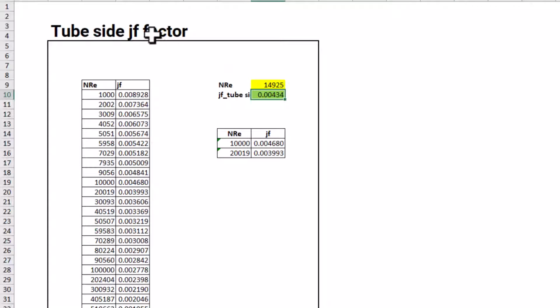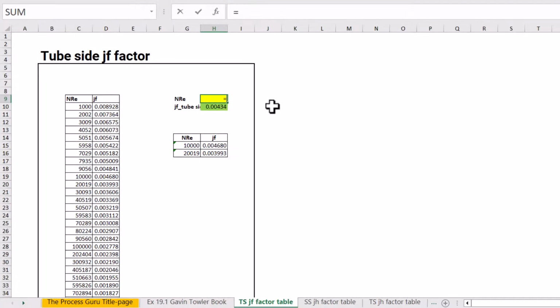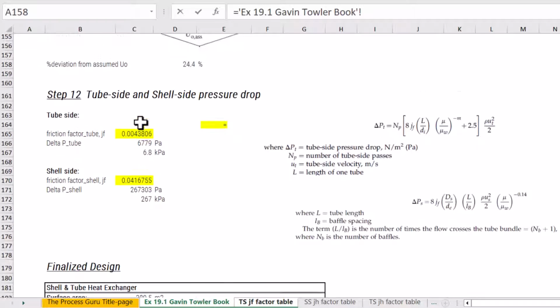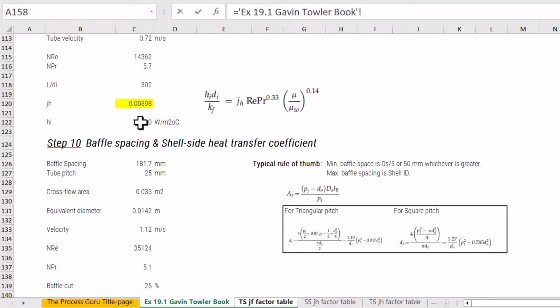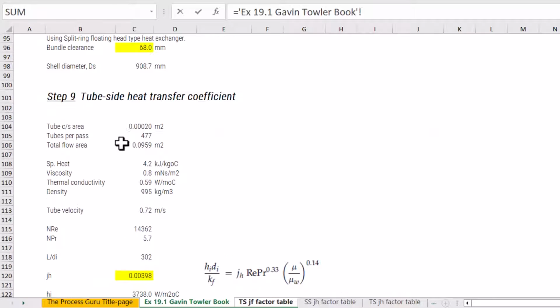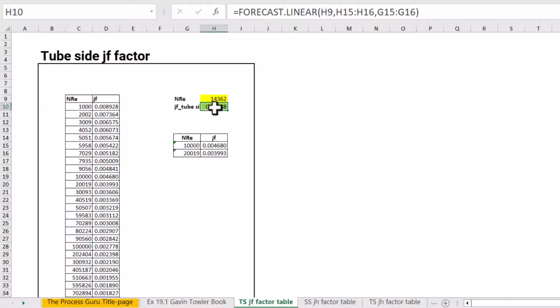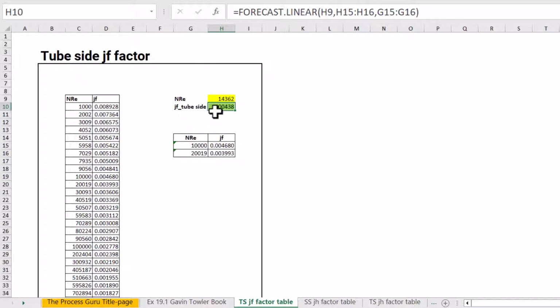So tube side JF factor, it is Reynolds numbers and JF factors, and we need to provide Reynolds numbers. Let me quickly link this Reynolds number from here. I think on the tube side we did the Reynolds number calculation in step number 9. So I'm just linking this one, and we are ready with our JF factor tube side.